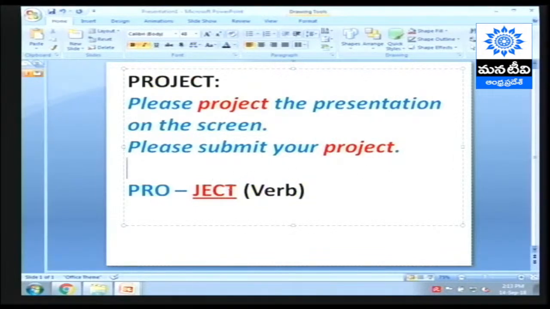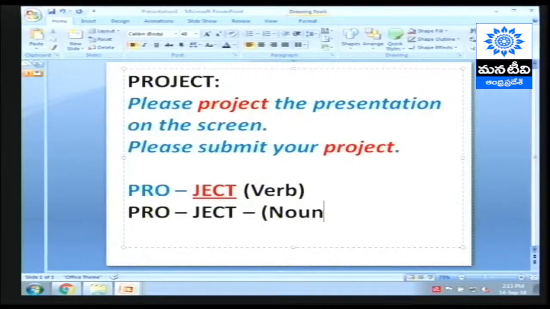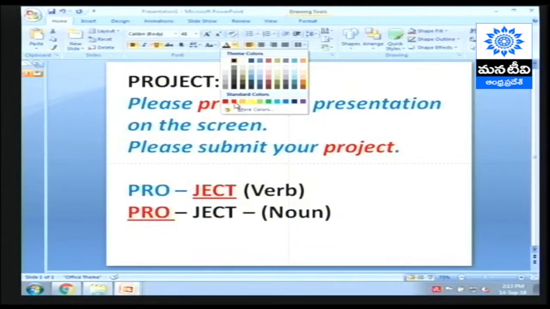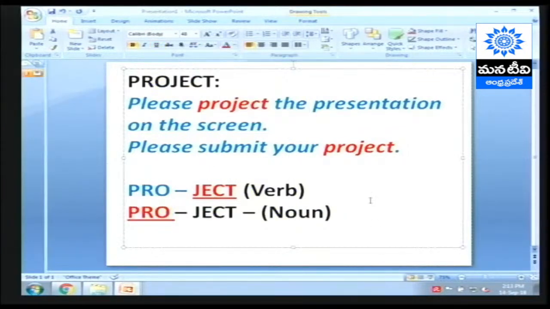When I'm stressing on the second syllable, it's a verb. Okay? When I'm stressing on the first syllable, say for example, I'm stressing on this particular syllable, the first syllable, which is pro, that becomes a noun.